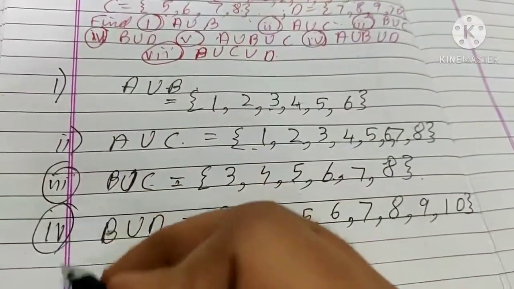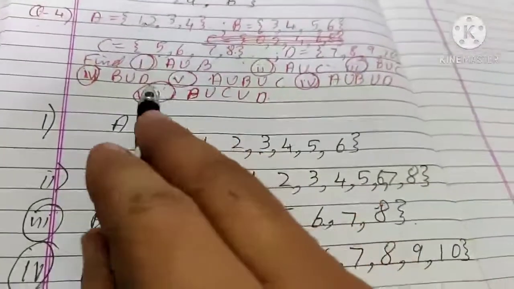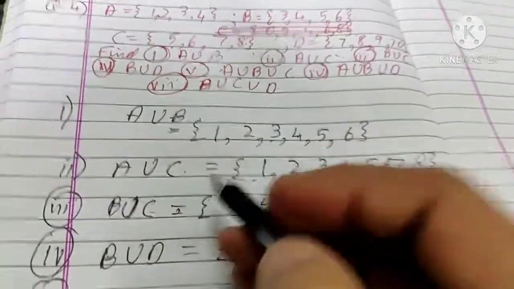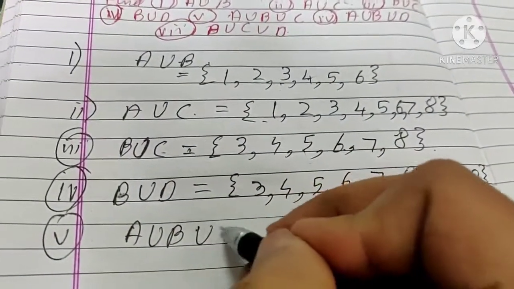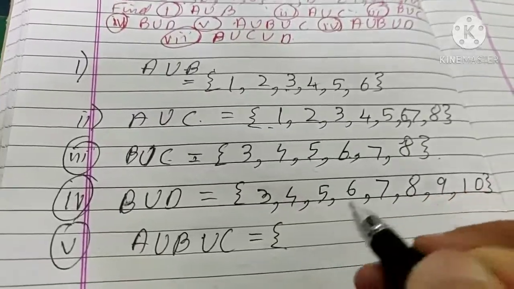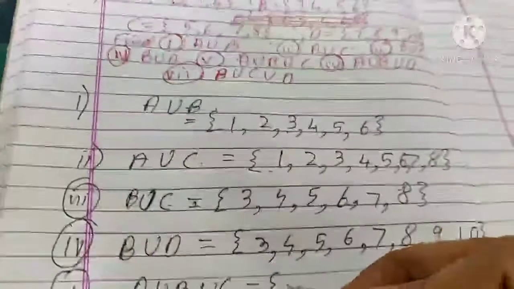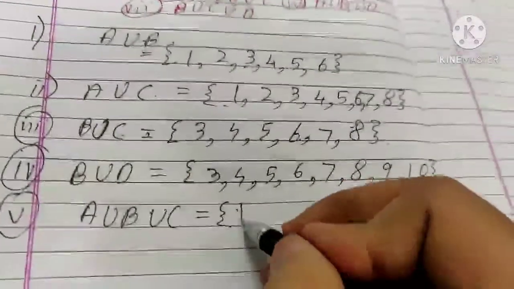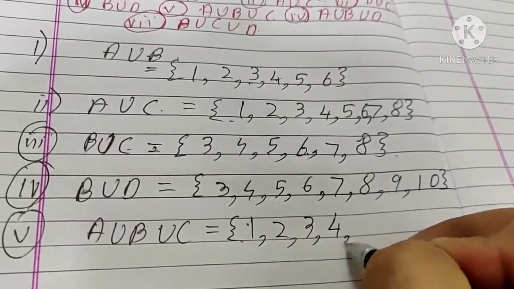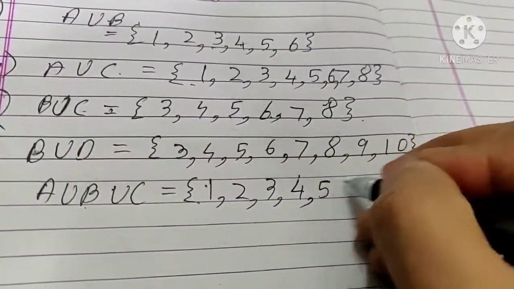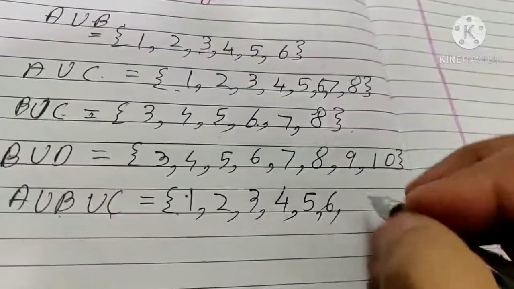So now our fifth part is A union B union C. Taking a union of A, B and C all together. What is A? A here is 1, 2, 3, 4. Then B. B is 3, 4, 5, 6. 3, 4 have already been taken, so 5 and 6. Now C. C is 5, 6, 7, 8. 5, 6 have already been taken.